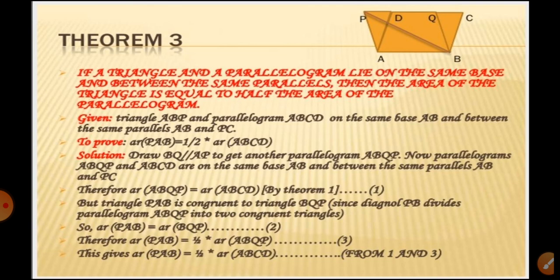If a triangle and a parallelogram lie on the same base and between the same parallels, then the area of the triangle is equal to half the area of the parallelogram.